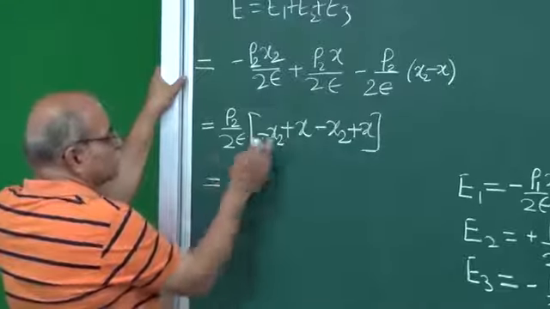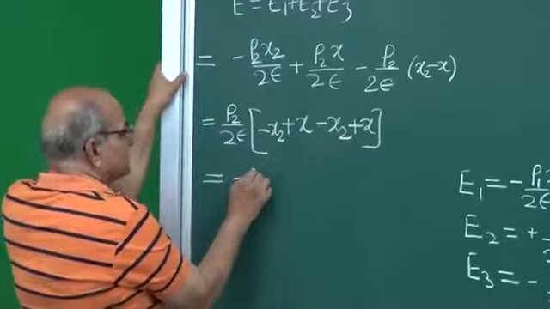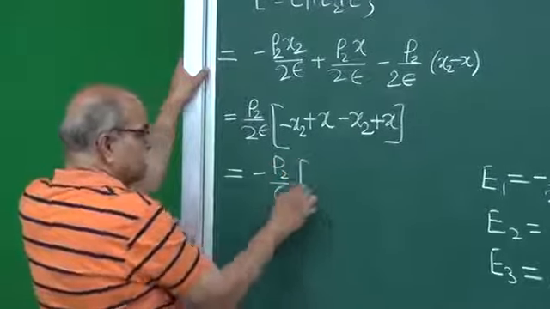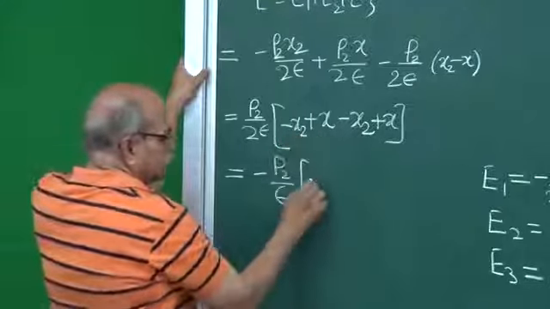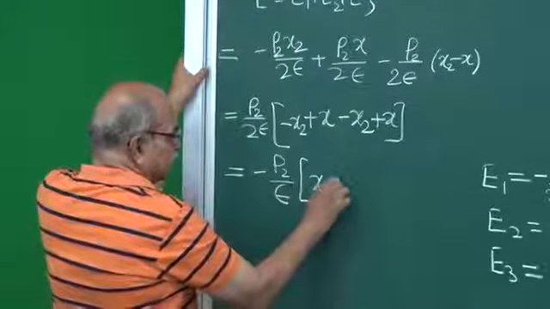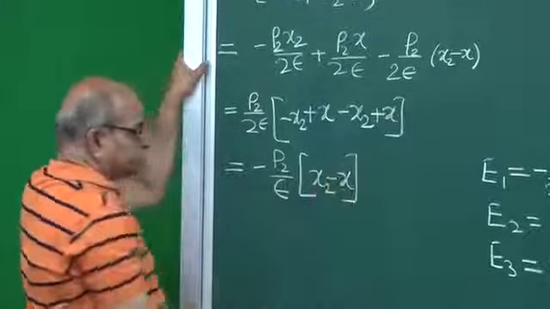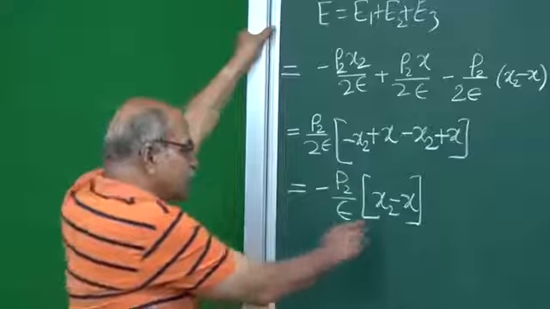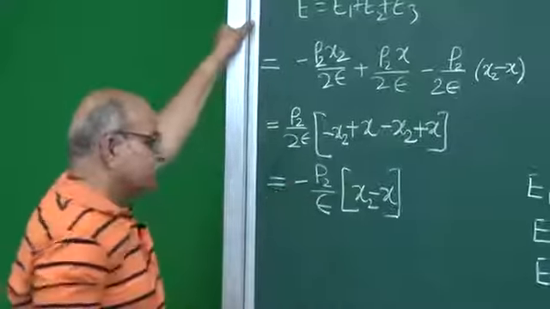You can put the minus sign outside, minus rho 2 over 2 epsilon, because that 2 can cancel, and then you have x2 minus x. Since x2 is greater than x, that's why I am writing x2 minus x with a minus sign here.